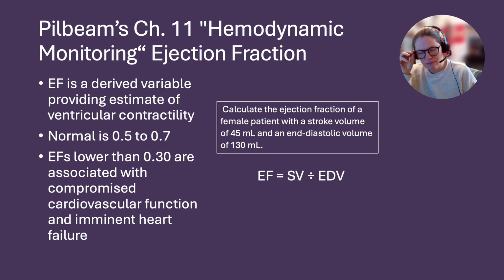Calculate the ejection fraction of a female patient with a stroke volume of 45 milliliters and an end diastolic volume of 130 milliliters. Okay. Pretty basic, simple math. You just got to know where to plug it in.